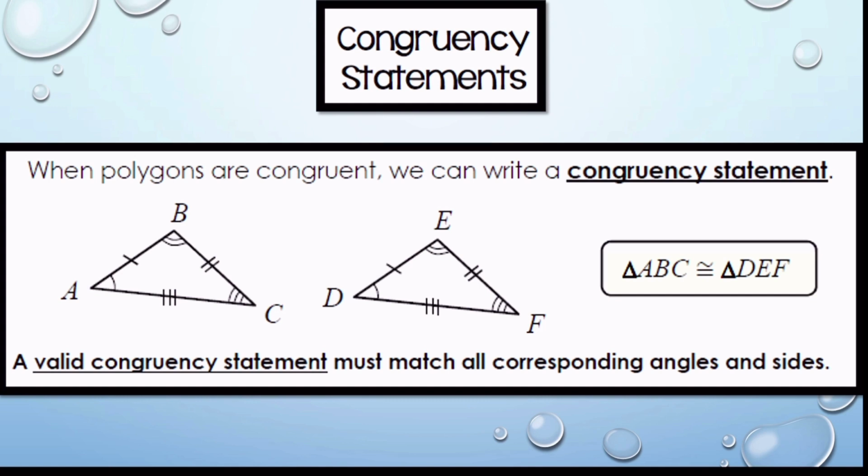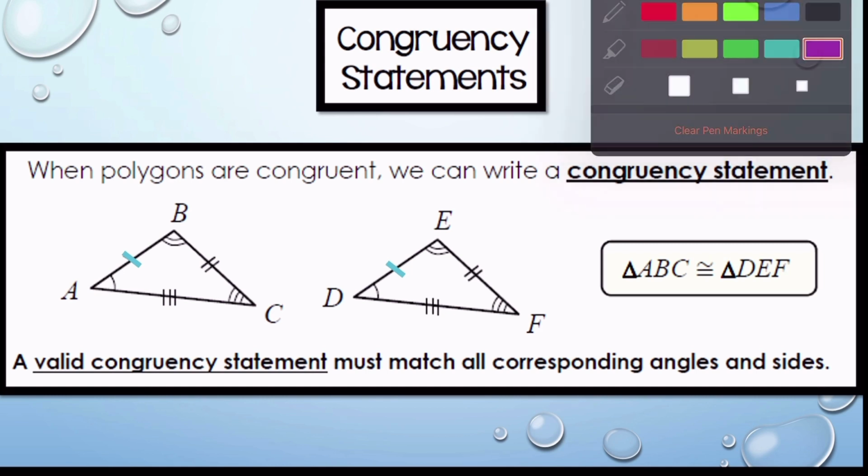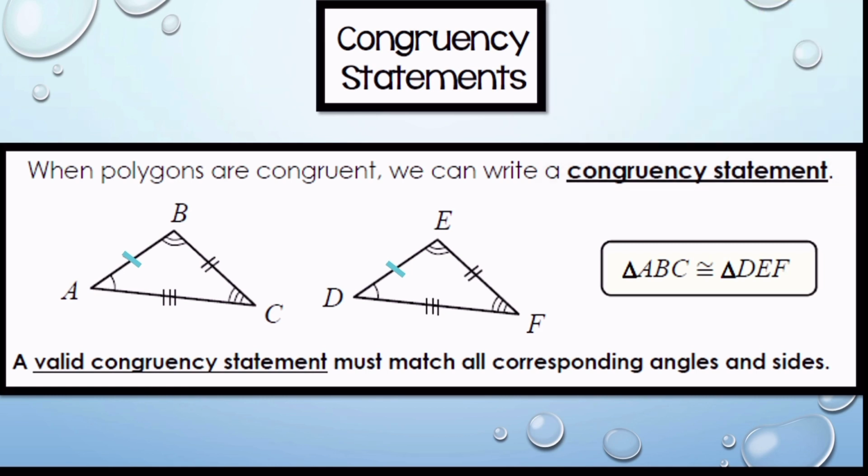If you look at this, I've got AB and DE. Do you see how those have those markings? I want you to understand something here. When polygons are congruent, we write what's called a congruency statement. Corresponding angles and sides have to be congruent.